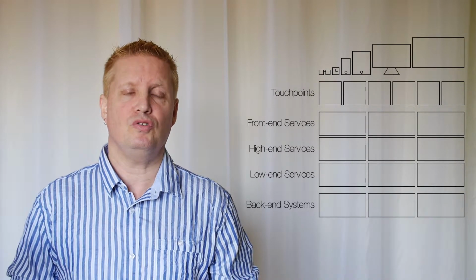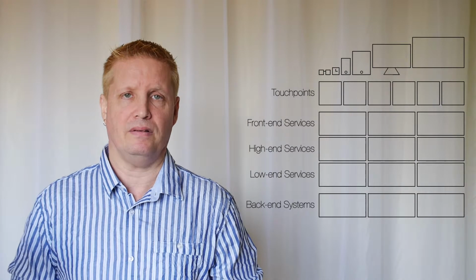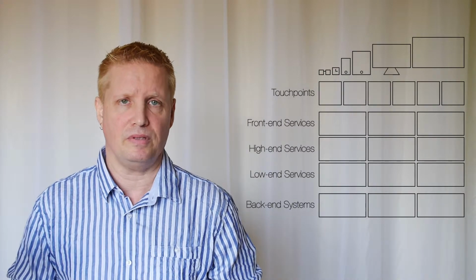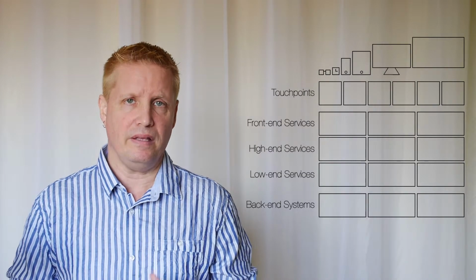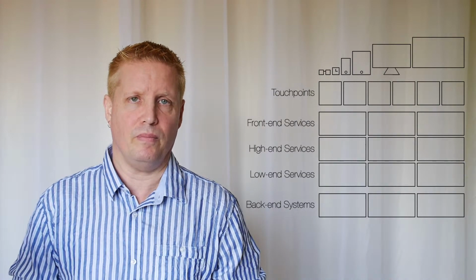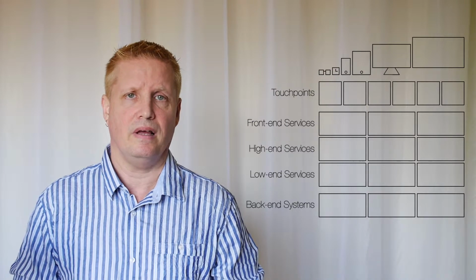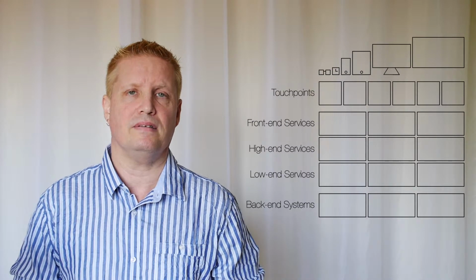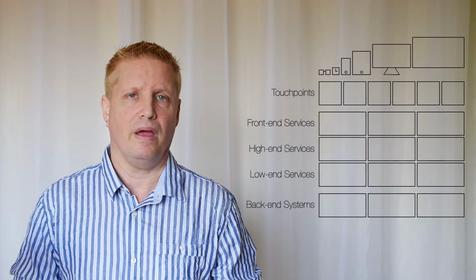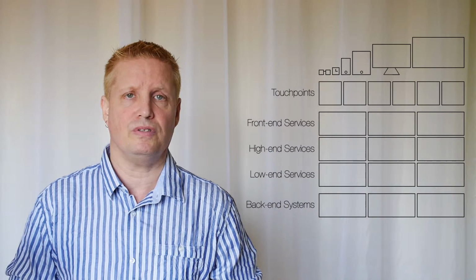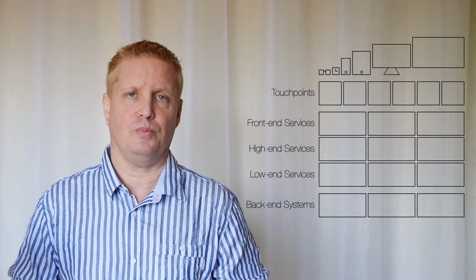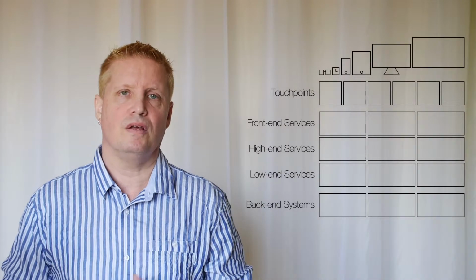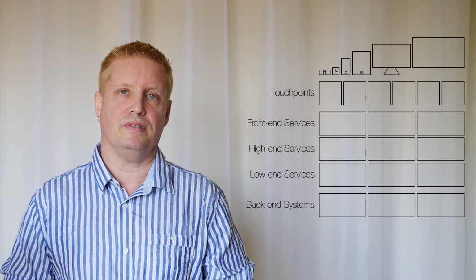And at the bottom, you see there are a number of back-end systems or legacy systems that deliver the core functionality. And in the middle, that's where you have the omnichannel services and the three different kinds that I will tell you about. The purpose of these omnichannel services is, of course, to deliver the functionality to all these touch points. So let me start with the low-end services.